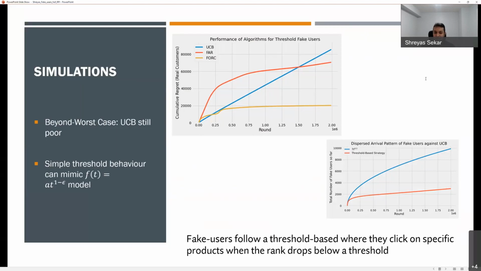At a high level, some of the techniques are kind of similar, but to me there's a fundamental difference between the two literatures. The non-stationary work usually has a slow drift: you have an underlying target you're trying to learn, and this target slowly drifts across time. Whereas the behavior of fake users is kind of like a rubber band.